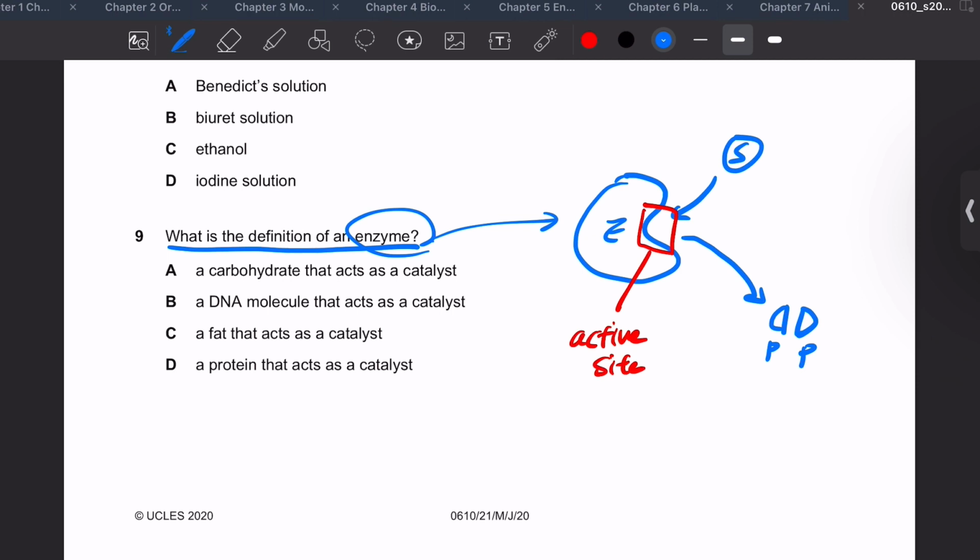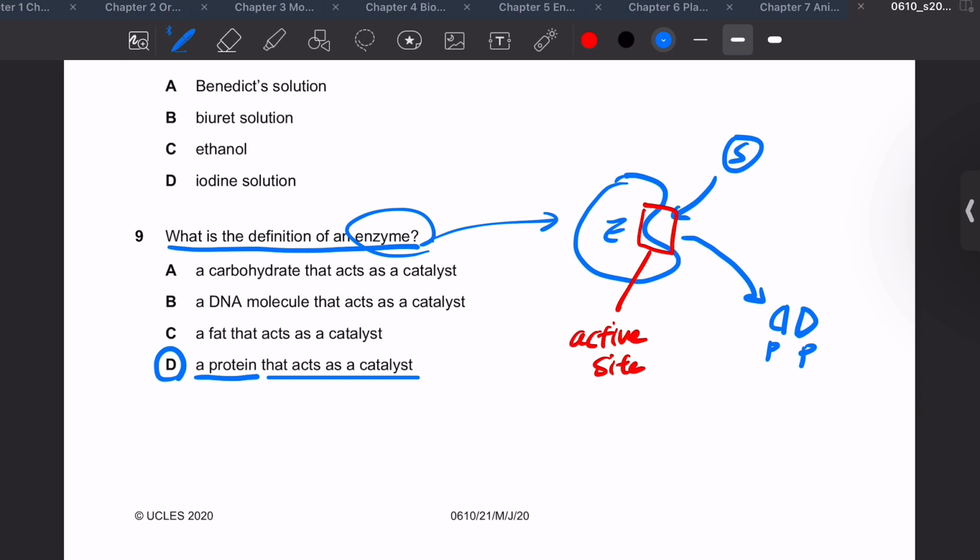And any substance that increases the rate of reaction is called a catalyst. So for this question, the answer should be D. Enzyme is a protein that acts as a catalyst, which means it increases the rate of reaction. So it hastens the chemical reaction.